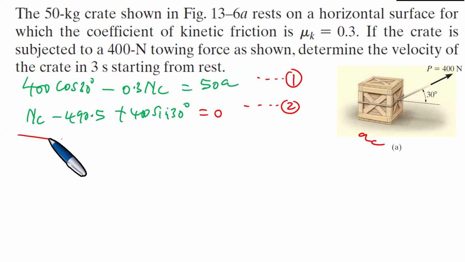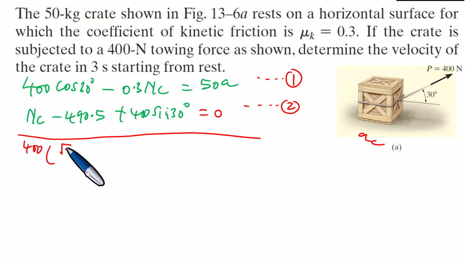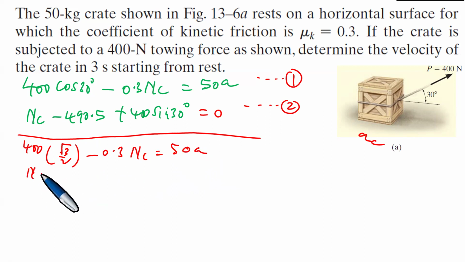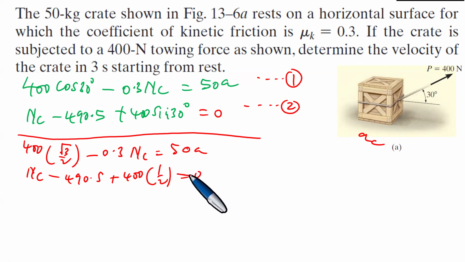Let us perform some algebra. 400 times the cosine of 30 degrees, which is the square root of 3 over 2, minus 0.3 NC is 50A. NC minus 490.5 plus 400 times the sine of 30, which is 1/2, equals 0. So this is the first equation, and this is the second equation. We want to solve for NC.